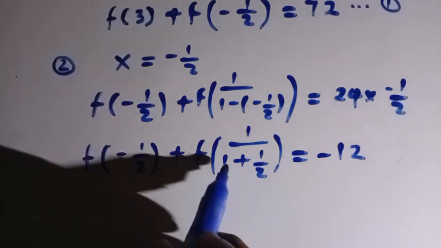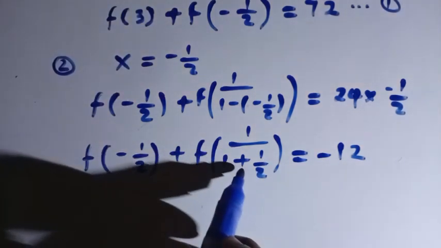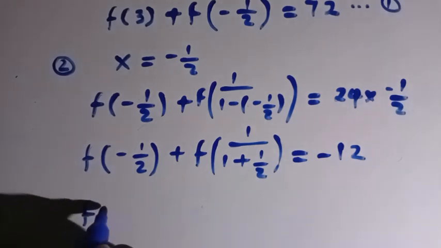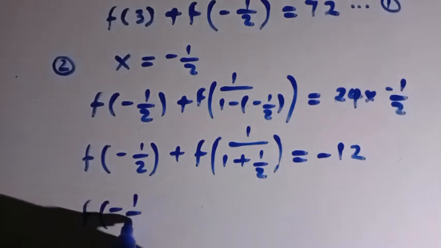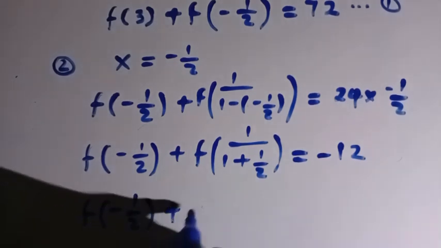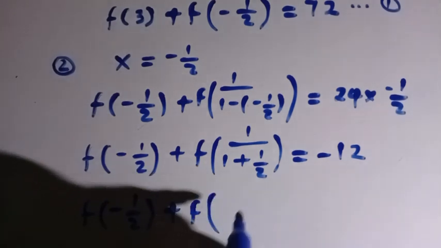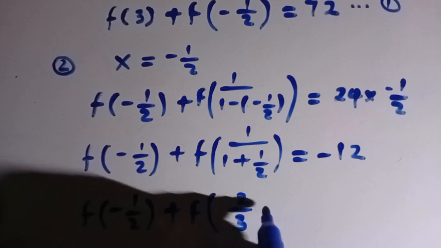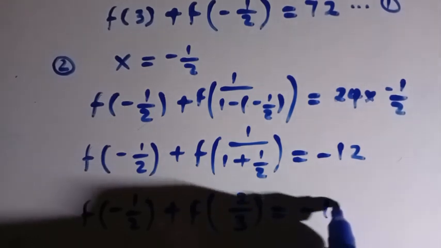So 1 plus 1 over 2 gives us 3 over 2, and the whole of this becomes f of minus 1 over 2 plus f of 2 over 3 equals minus 12.